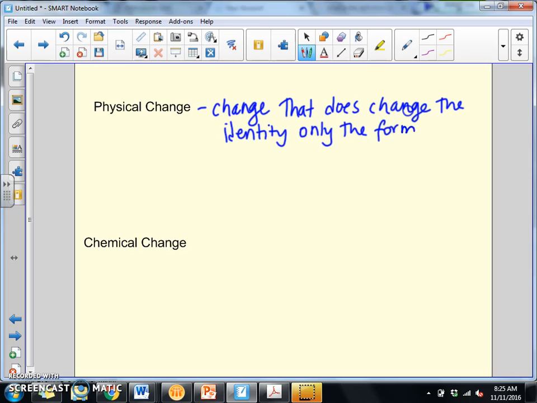So, for example, if I cut a piece of paper, it's still paper. It's just now smaller. I've changed the form, but its identity as paper is still the same.